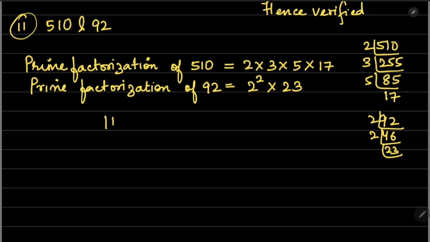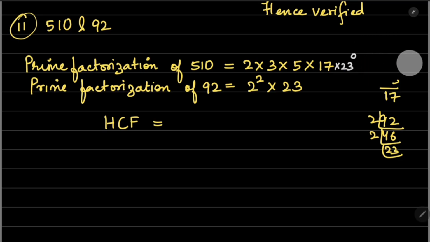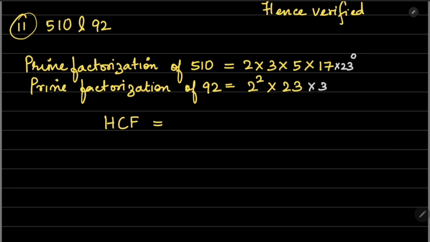Now again HCF. What is HCF? For common factors, you have to take the lowest power. So which are the common factors? Now as usual, I would write 23 raised to the power 0. Let me rub these factorizations to get some space. And here I will write 3 raised to the power 0 into 5 raised to the power 0.